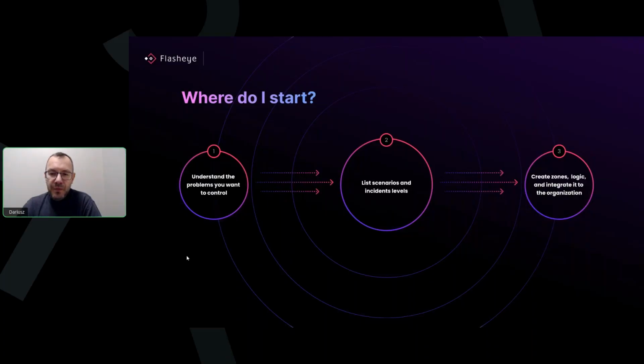And then the last part is to create zones and logics in three-dimensional space, plus integrate with already existing systems in the organization. All those three steps are necessary to get the best experience possible and as useful information as possible.